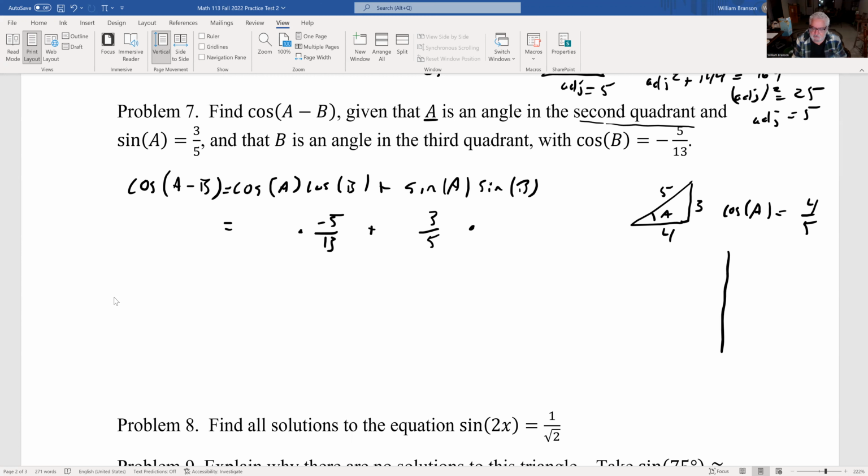So if we think about ourselves in terms of the unit circle, what we've got is a triangle like this, where this is 5, this length is 4, but the x-coordinate is -4, and then this is 3. So the cosine that we're looking for is -4/5 because A is an angle that's in the second quadrant.